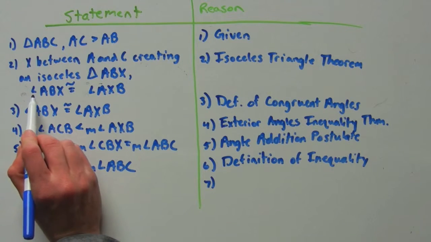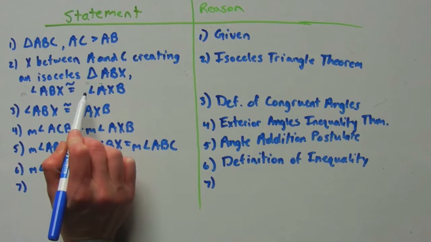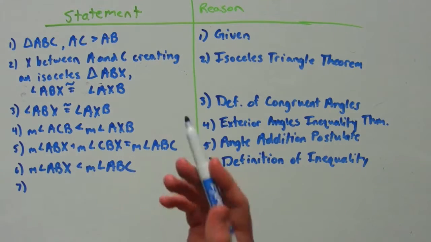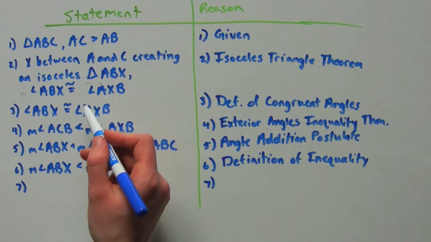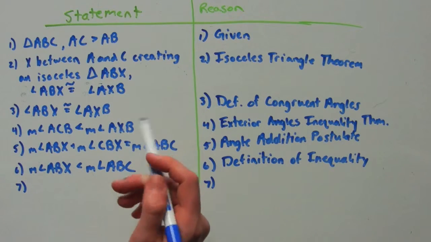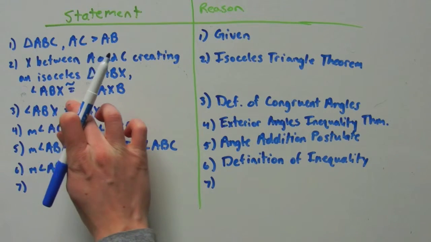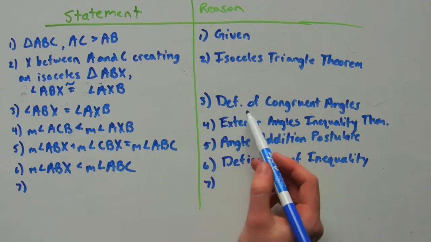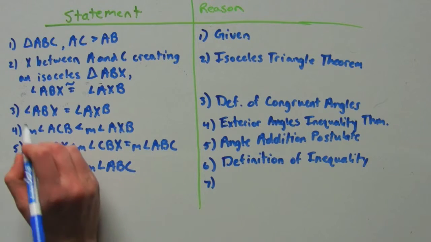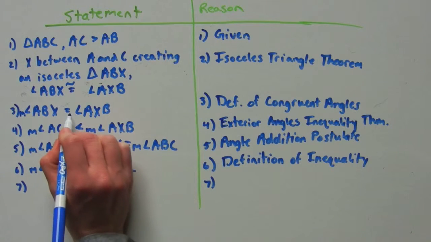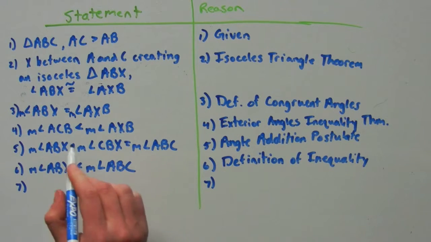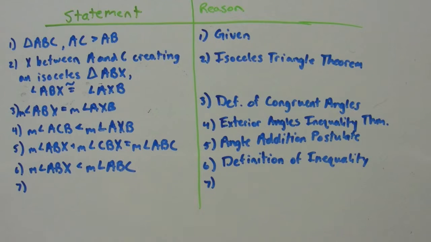So I have to say that angle ABX is congruent to angle AXB, rather than what I had, the measure of angle ABX is equal to the measure of angle AXB. But that means in this next step, I will be able to say, based on the definition of congruent angles, that those measurements are equal. So the measure of angle ABX is equal to the measure of angle AXB. Luckily, it was an easy fix in our proof. I had just mixed up a couple symbols.